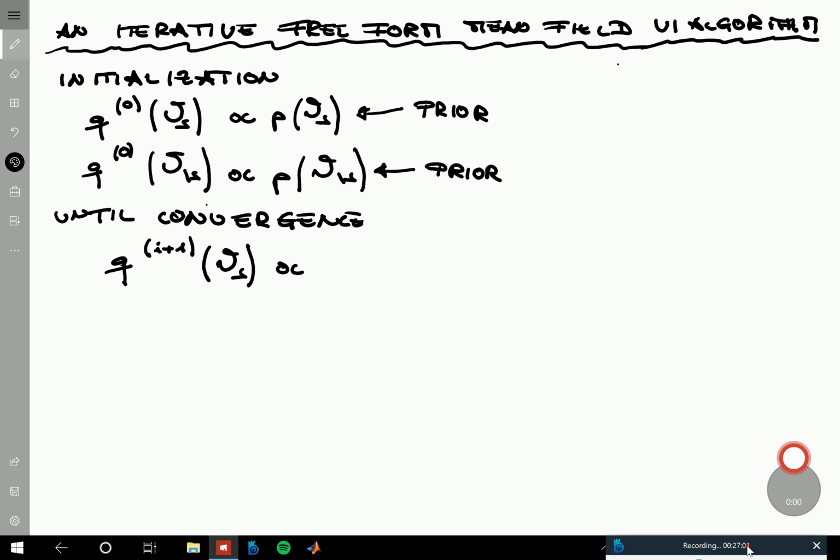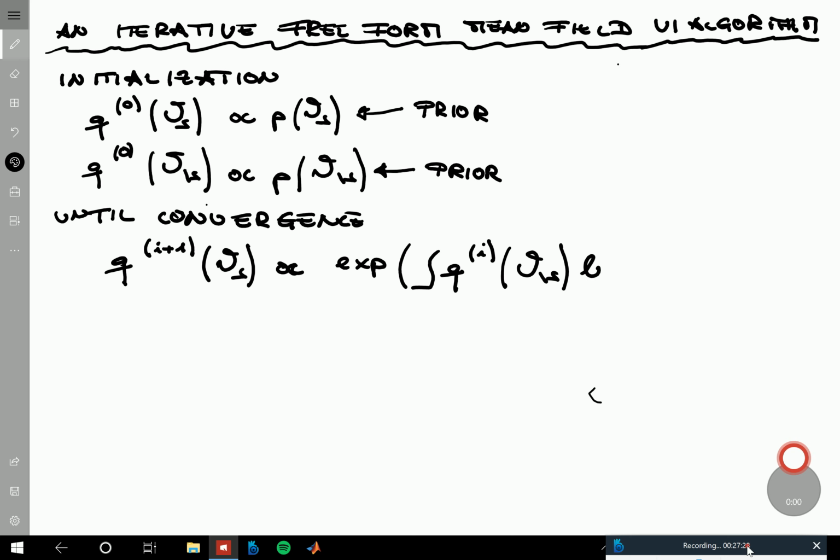So we are now doing this for a couple of iterations, and set the i+1 variational distribution over theta S proportional to this integral, where we use the ith form.